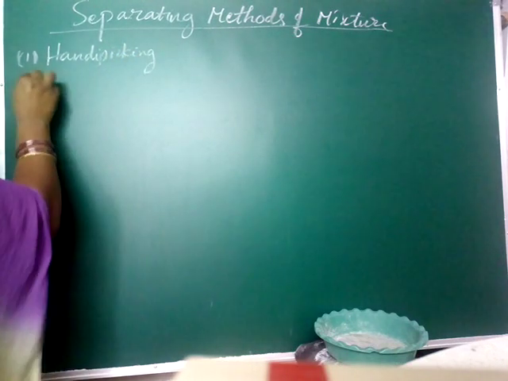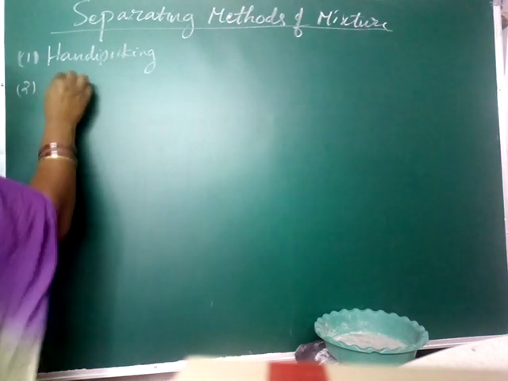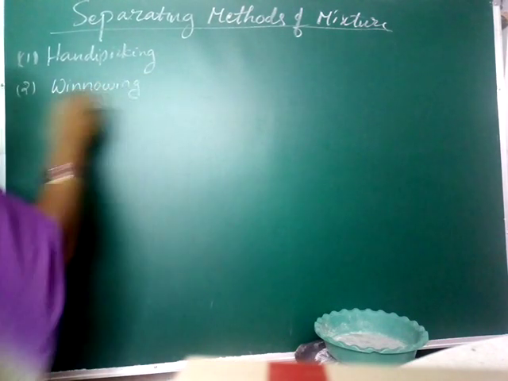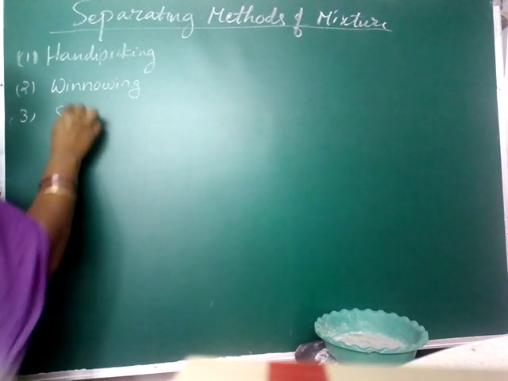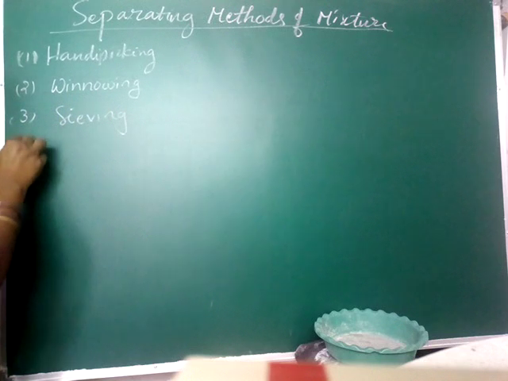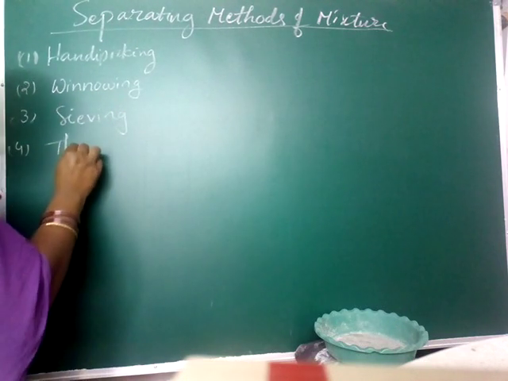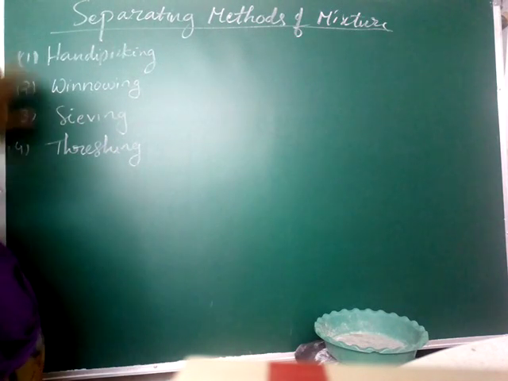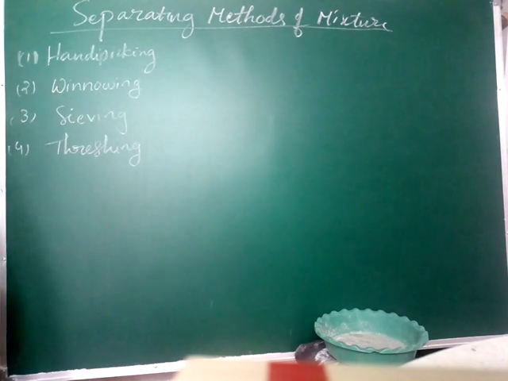Already you know about this hand picking. Winnowing is another method. And sieving is another method. And threshing. These are all methods we are using in harvesting.